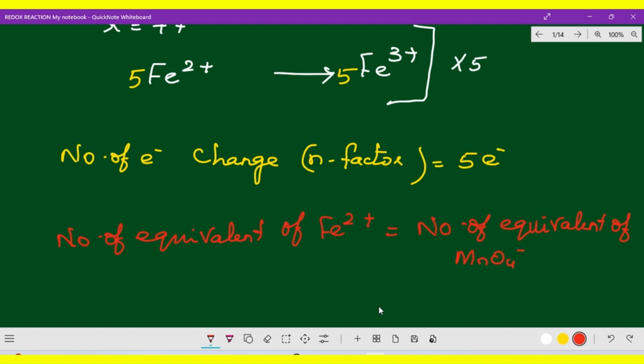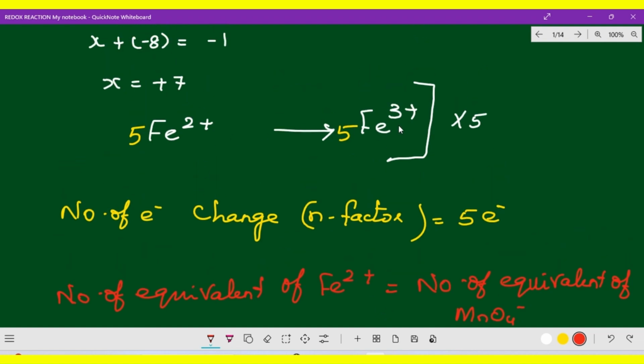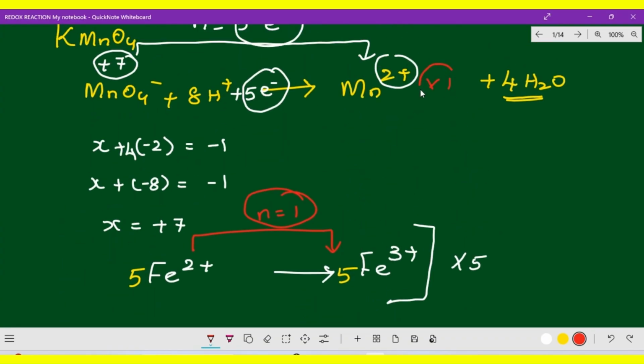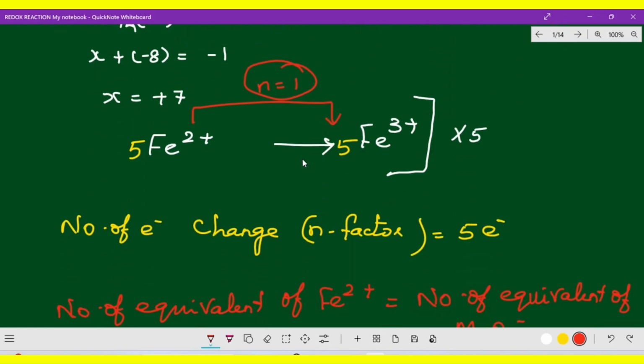So here, Fe2 plus is converted to Fe3 plus. So how many electrons change over here? Here the n factor equals 1. But here the n factor equals 5. So this is multiplied by 1 and this is multiplied by 5. Multiplied by 1, it is the same. That is what I just meant; I did not mention it in that place.